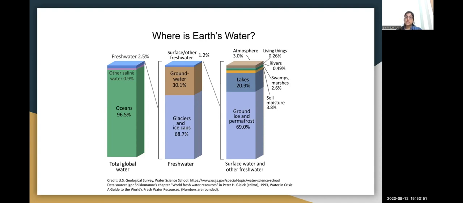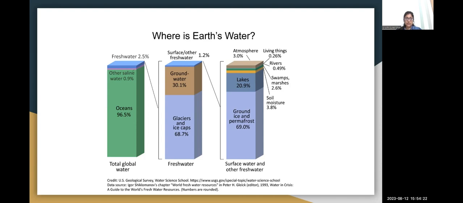Within the fresh water, the majority is contributed by glaciers and ice caps, around 68.7% of freshwater availability. Groundwater forms the remaining major portion, about 30%, and rivers and lakes contribute only 1.2% of the 2.5% fresh water.